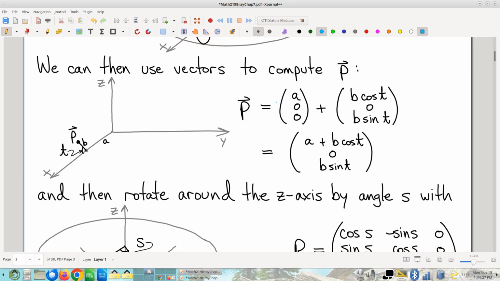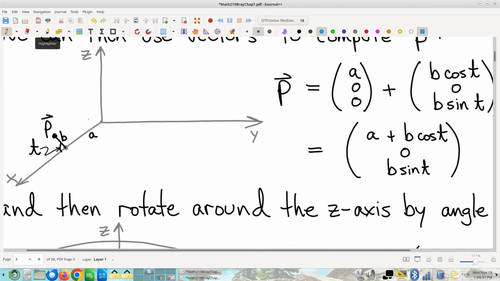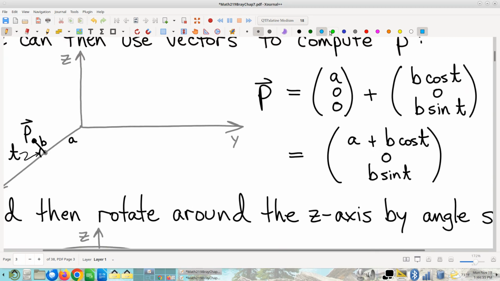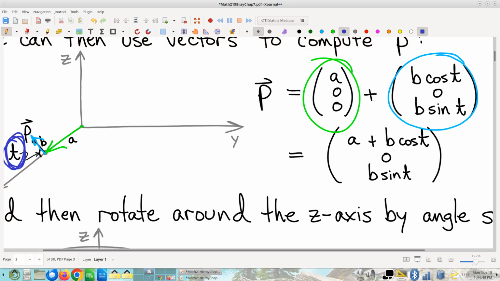The broad brushstroke strategy, though, is, and let me zoom in a little bit more again, to notice that this vector is easy to write down. This vector is not too hard to write down. Of course, it is going to depend on that angle t, which you see in the formula. Make sure to check this. Make sure you can see where this comes from.